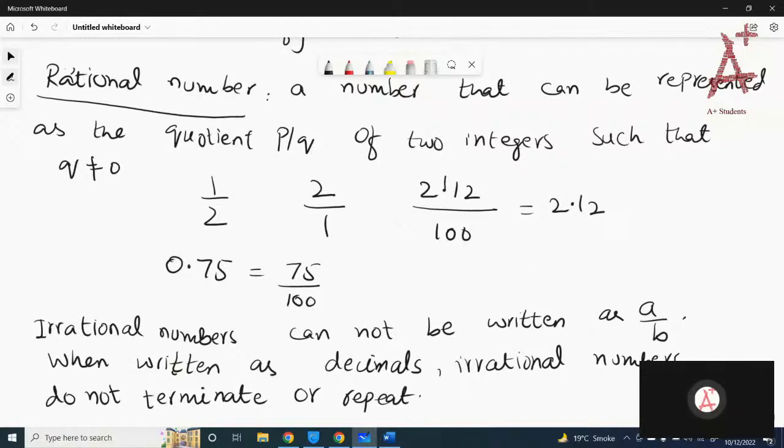Got it? This is the definition of the irrational number. Now let's see the examples of the irrational numbers. Please note down the definition.